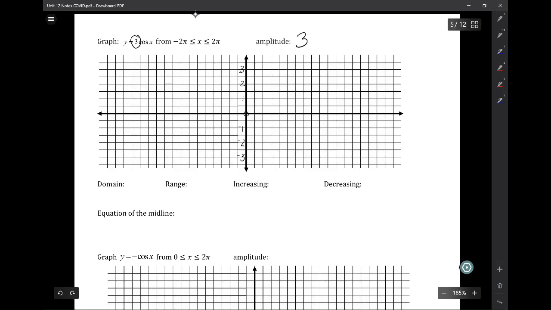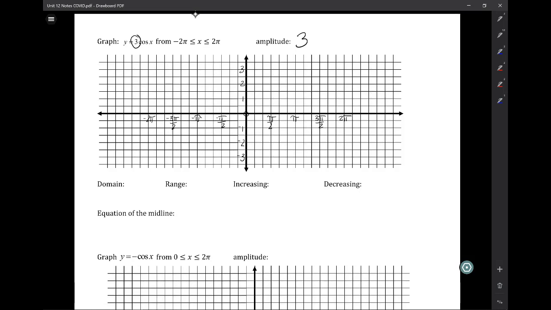If you don't skip a line, you are not wrong. Pi over 2, this is pi, this is 3 pi over 2, this is 2 pi. Go the other way. -90, -180, -270, and -360.